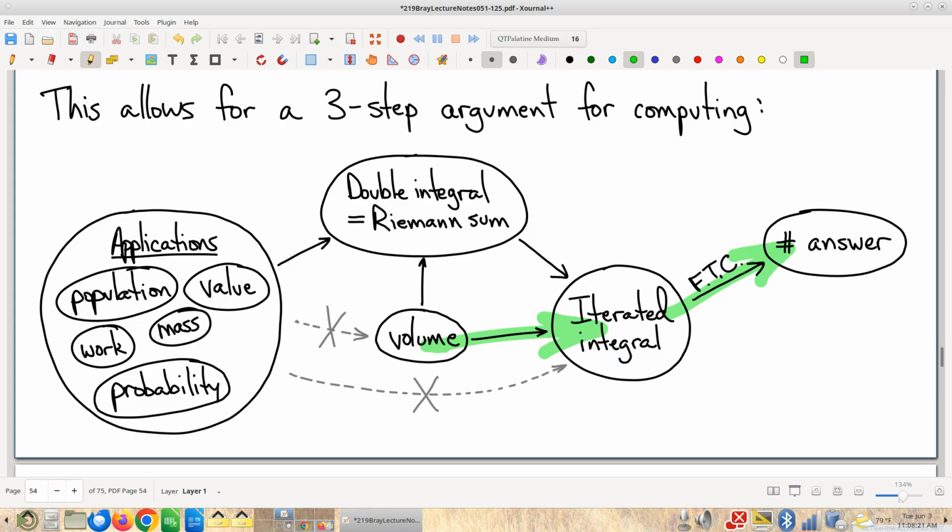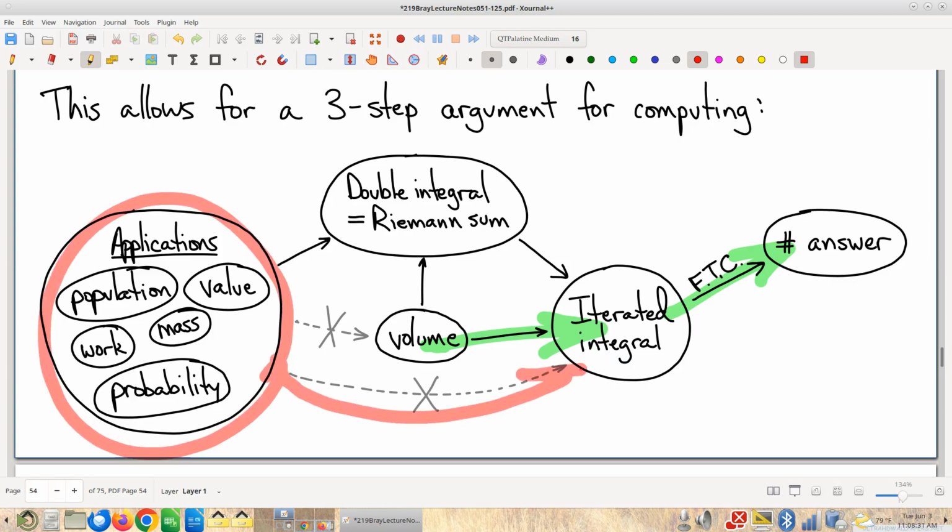And then we said, shoot, that iterated integral thing looks pretty useful. Why don't I take all these other applications and write them as iterated integrals too, except it doesn't work. This is the problem that we ran into where we're multiplying mass per unit area times length, and I don't know what that is, and is that an accumulating quantity, and how does that behave?